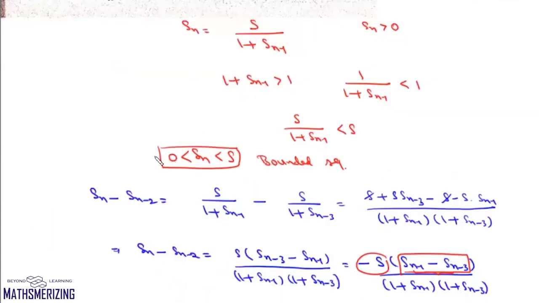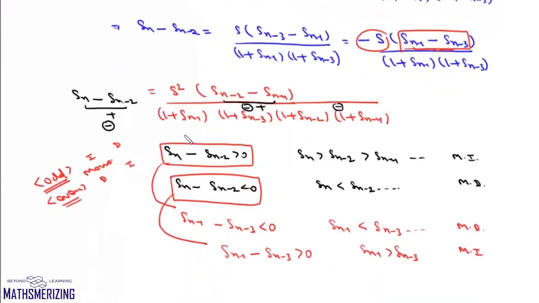So we have proved that the sequence is bounded and the two subsequences of odd and even terms are monotone sequences. So if a sequence is bounded and monotone, then both the subsequences are convergent. Now suppose the sequence of odd terms converges to L1, and the sequence of even terms converges to L2.